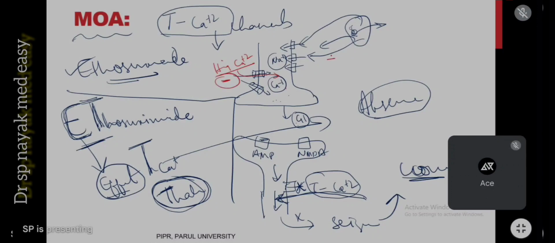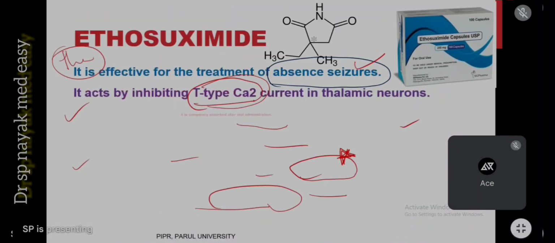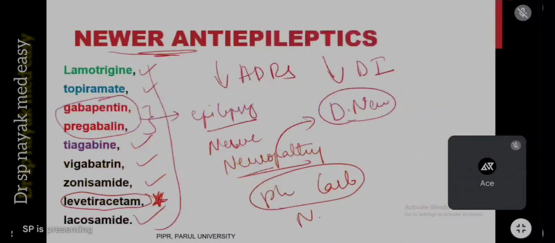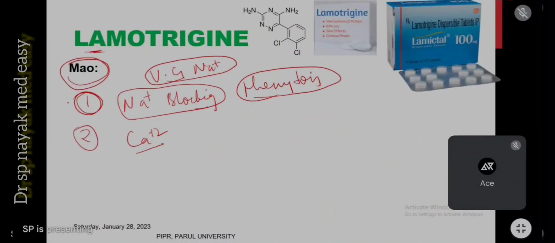It inhibits sodium and it inhibits calcium as well. So it has two mechanisms. That's why Lamotrigine can be used as monotherapy. I think you are all following me. It blocks sodium and high voltage gated calcium channels, and through that it decreases the seizure effect in the body.